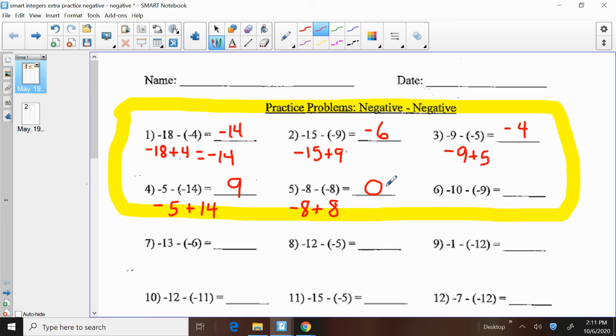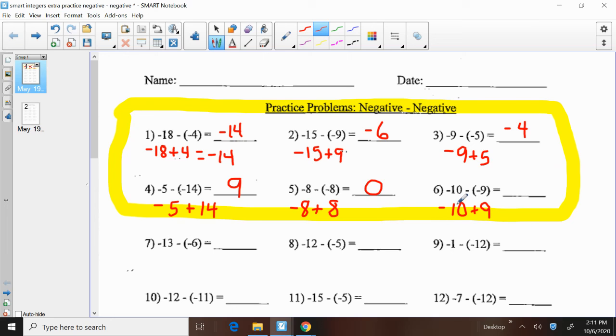And then last one, looking at this, do you think the answer is going to be positive or negative? Well, let's see as we go through. Think what you think, and then let's go through it. So negative 10 minus negative 9. So a minus a negative makes us positive. So negative 10 plus 9.